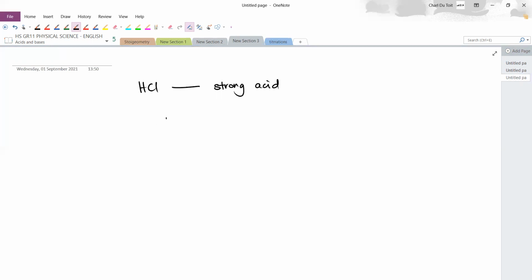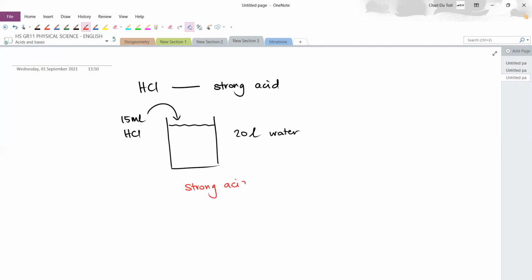If I take a big jug and there's 20 liters of water in that jug, and I just put in 15 milliliters of that acid, it's still going to be a strong acid, but it's only very diluted.